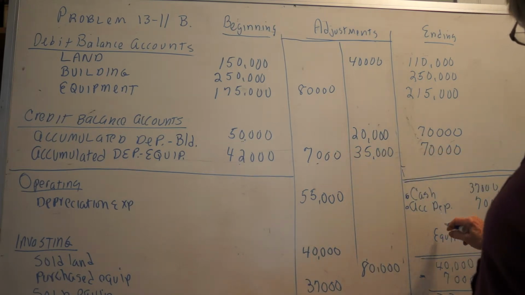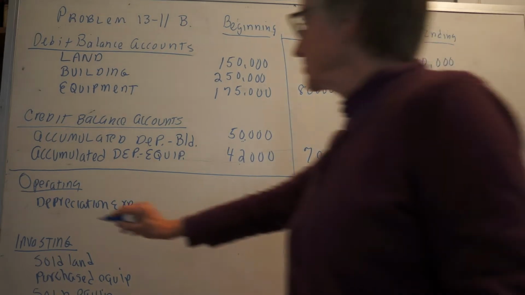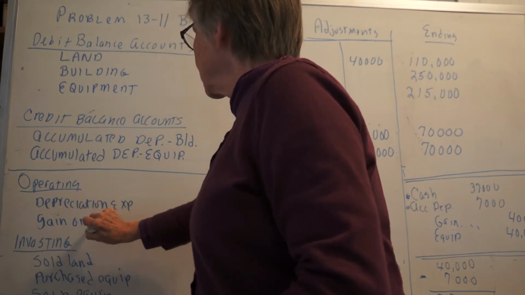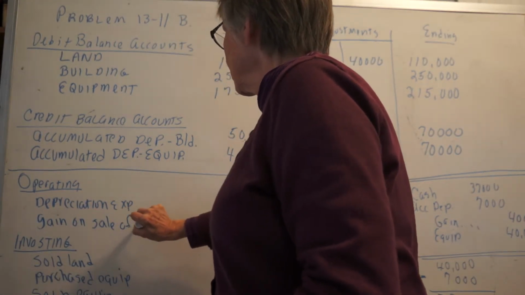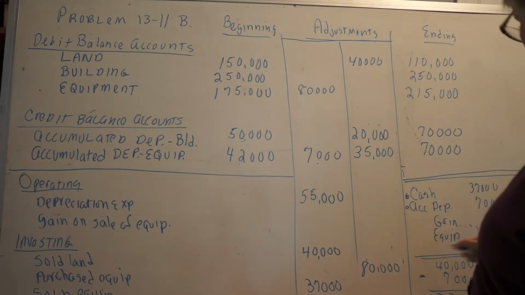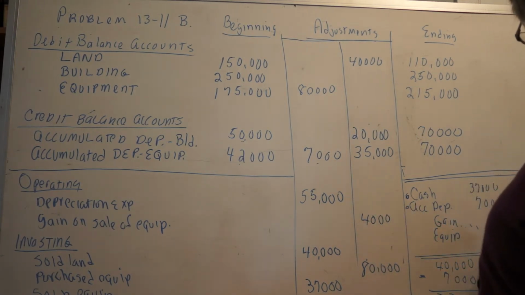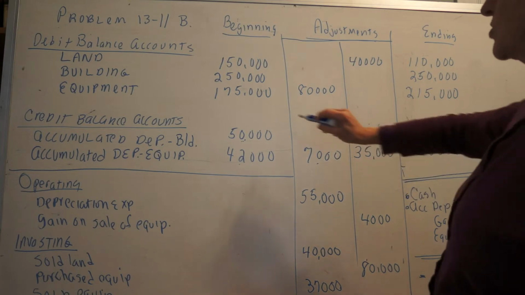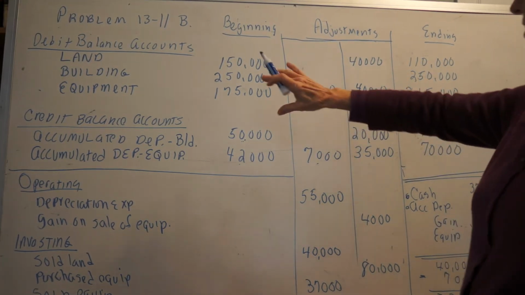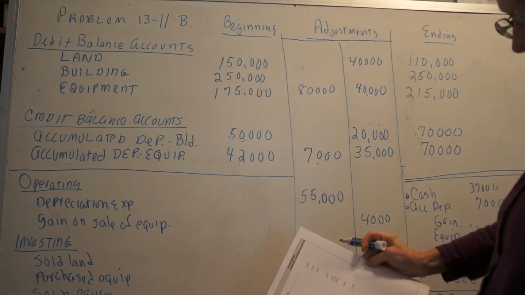And this is a gain on the transaction. That goes in the operating section since it is an income statement account. And that is a credit of $4,000. And the equipment comes off at $40,000. So now, doing a double check, when we add these and subtract these all across, they should add up.